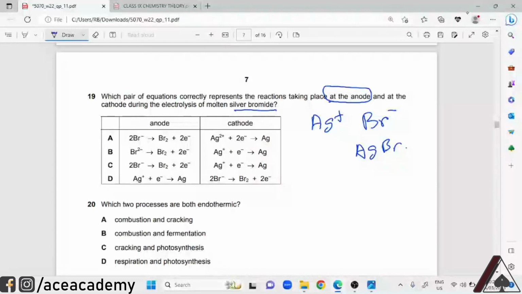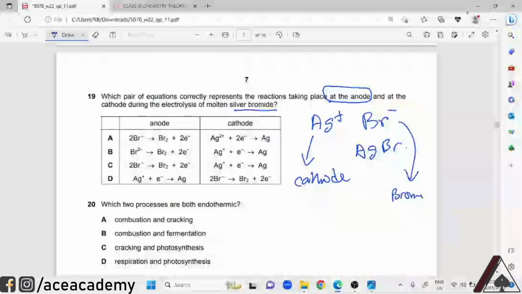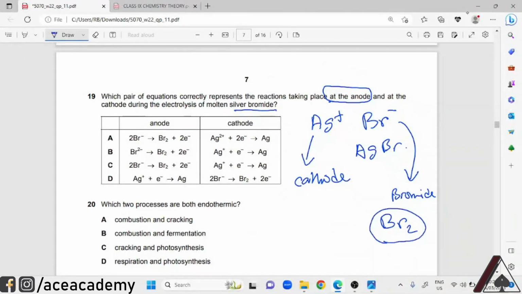When this undergoes electrolysis, we will get silver at the cathode and bromide at the anode. But we also know that bromine exists as liquid, and bromine is a diatomic molecule. So this must exist as Br2 as a result.